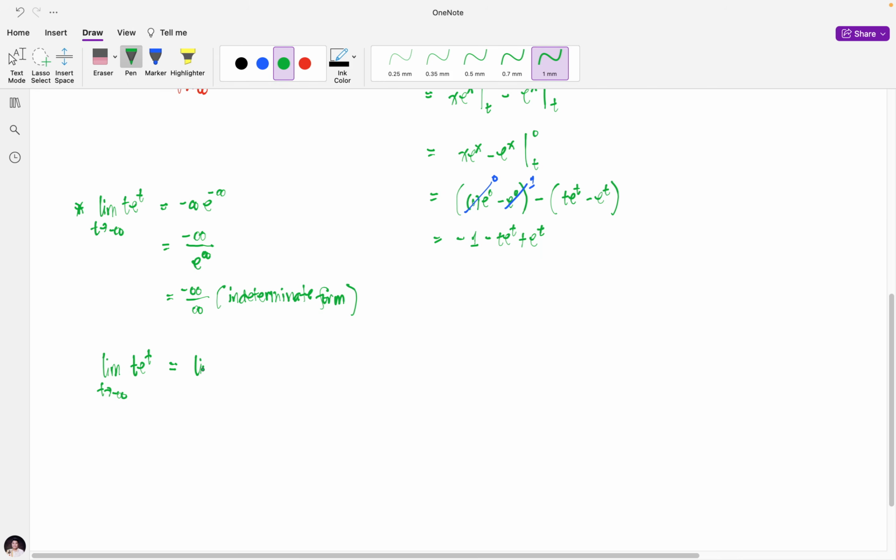So I can rewrite this as t over e raised to negative t, right? As t approaches negative infinity. Okay? So from that, the derivative of t is just 1, and the derivative of e raised to negative t is just negative of e raised to negative t as t approaches negative infinity.